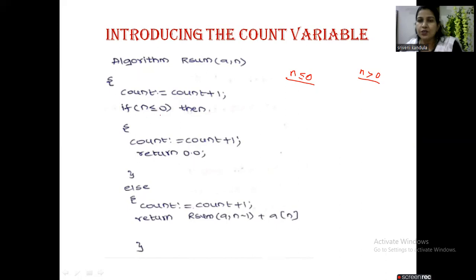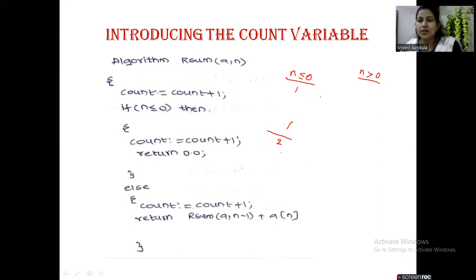Your if condition will become true, your count gets incremented by 1 and the body of the if gets executed. In the body of the if we have one more count statement, so this will get executed one more time, a total of 2 times. So this is the value of the step count when your n value is less than or equal to 0.